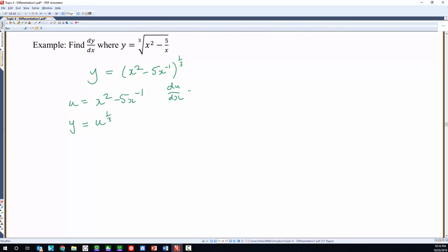du dx equals 2x plus 5x to the -2. And dy du equals 1/3 u to the, so I need to take this down by 1, so I'm going to subtract 1 off that. So subtracting 1 from that is the same as subtracting 3 on 3 from that. So 1/3 take away 3 on 3 is equal to -2/3.